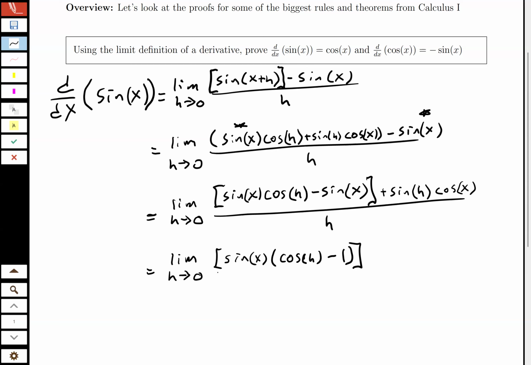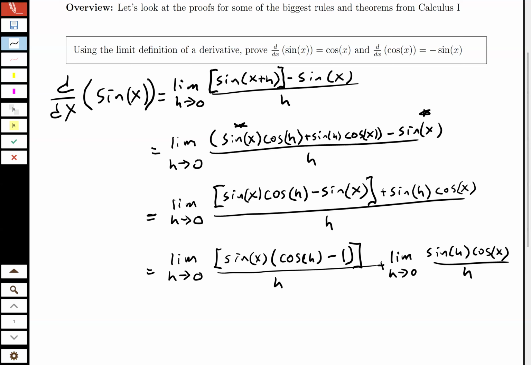And this is all over h. And I'm going to split my limit up. I'm also going to look at the limit as h goes to 0 of sine of h cosine of x over h.